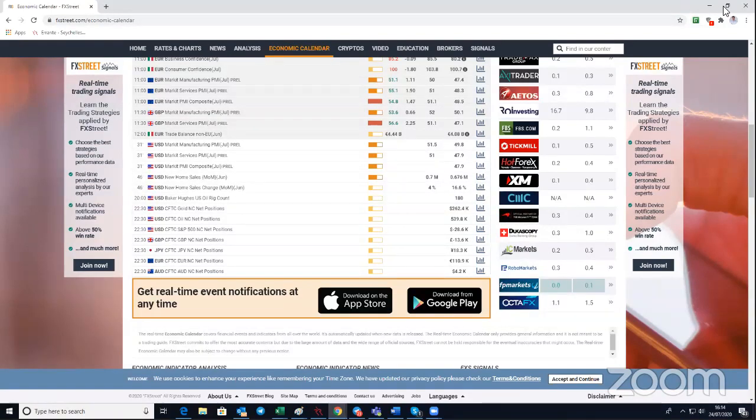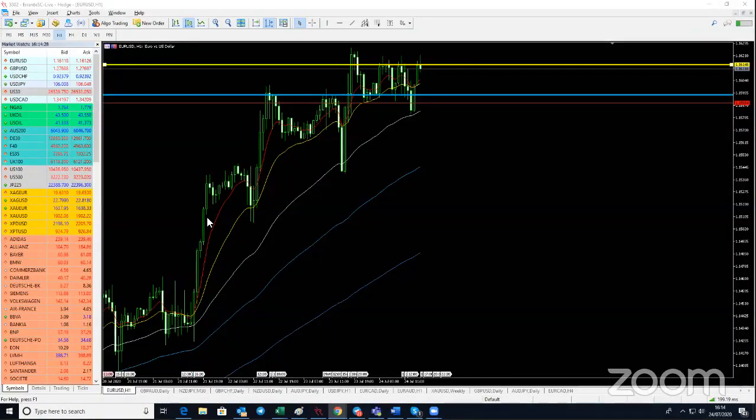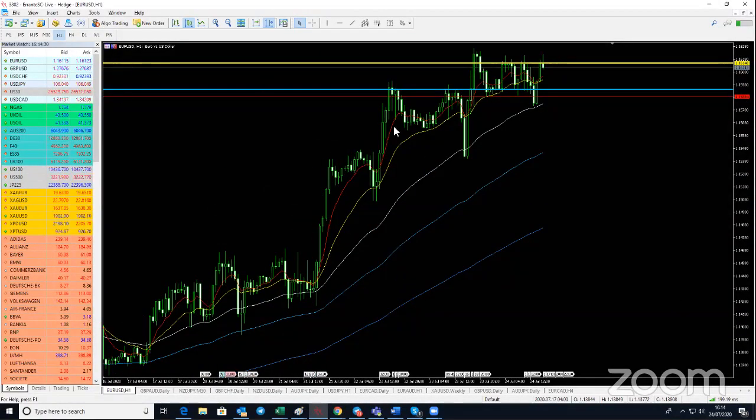Okay, so let's go back to the chart on Euro USD. This is where I've stopped on the Euro USD 1 hour chart. We have a horizontal, same level resistance there. Roughly only the wicks are actually jutting out. Let's forget about this one here.